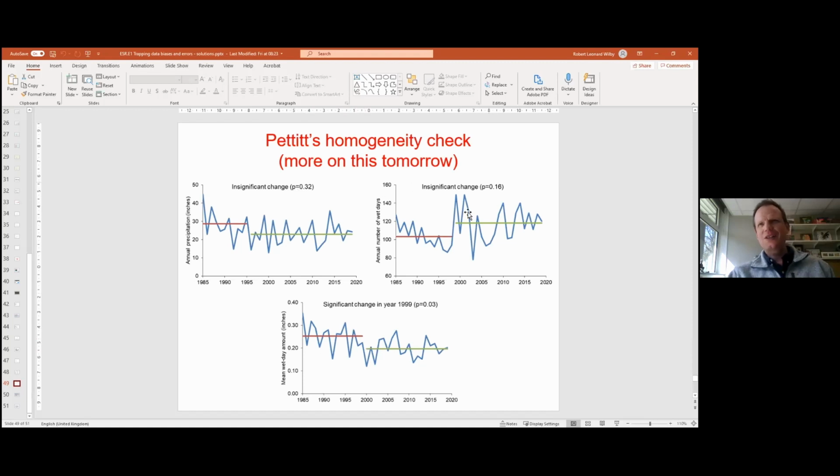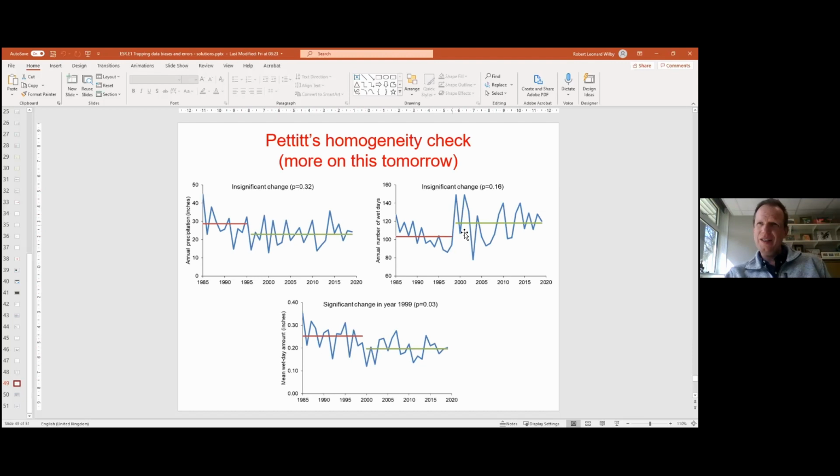So these are non-zero values, and then the calculated annual mean wet day amount. And we can attach a statistical significance to each of those time series to say whether or not the step change that's identified by the technique is significant or not. And what we actually learn is that, yes, maybe the data are homogeneous in terms of the annual rainfall total because it's not varying that much. There's no marked change from one decade to the next.